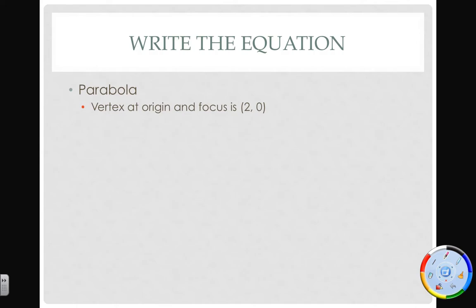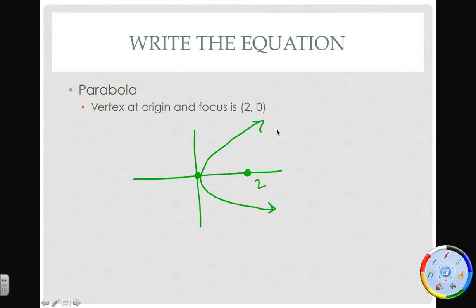So let's write an equation. Let's say I gave you a vertex at the origin and a focus at the point 2, 0. If we were to do a little sketch, I would have a vertex at 0, 0 and a focus at 2, 0, which means, because the focus has to go inside the parabola, it opens to the right.